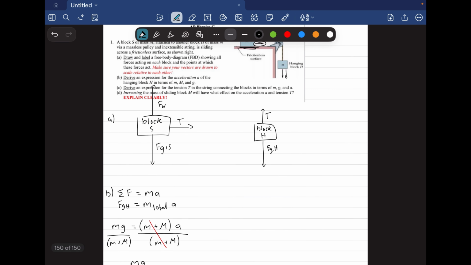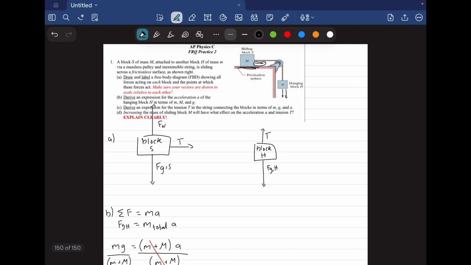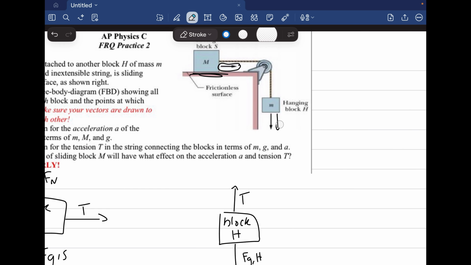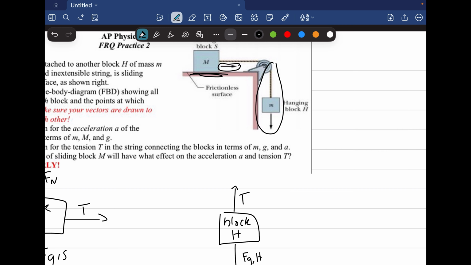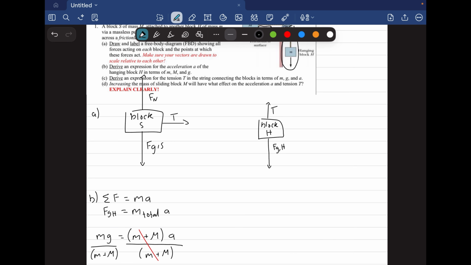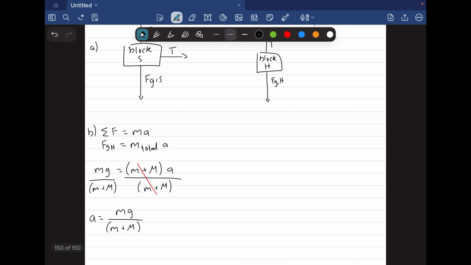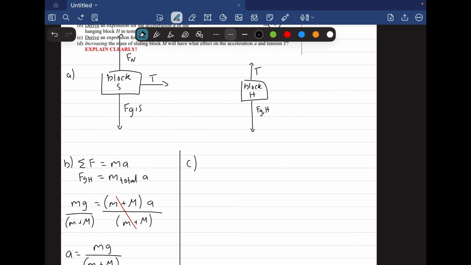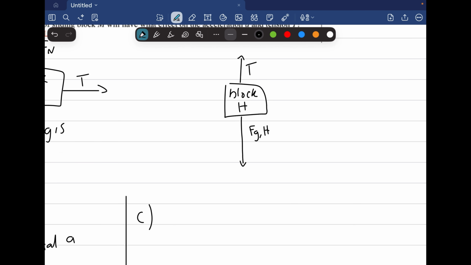And then part C is asking for a function for the tension in terms of mg and a. So I'll just look at this part of the system, okay? So look at the free body diagram.